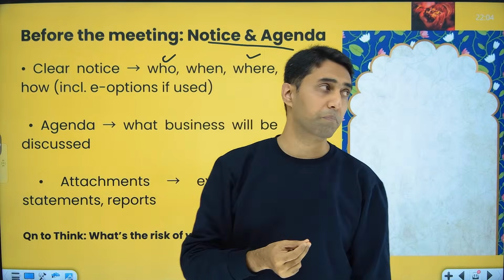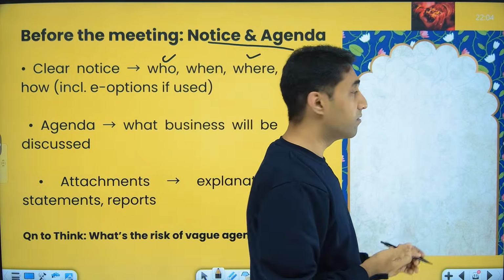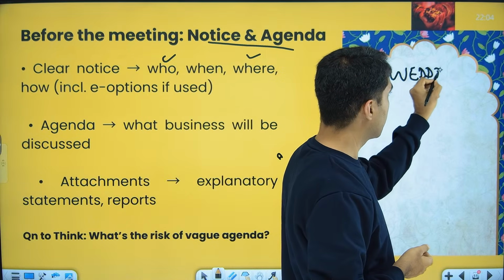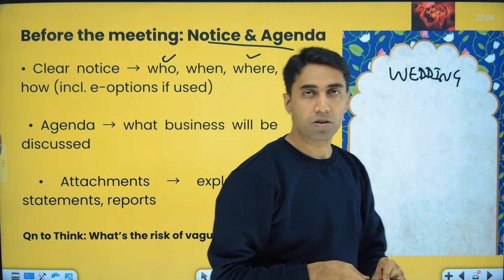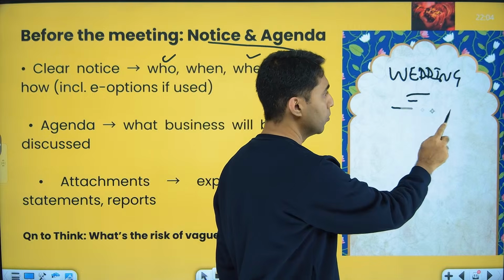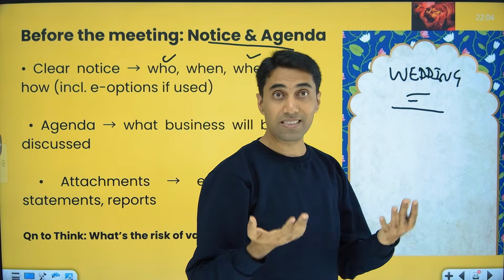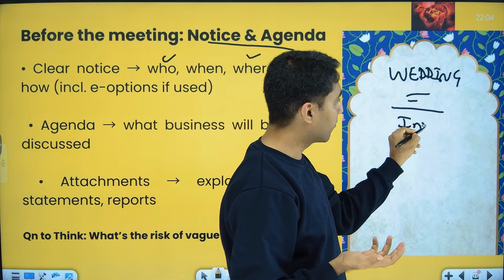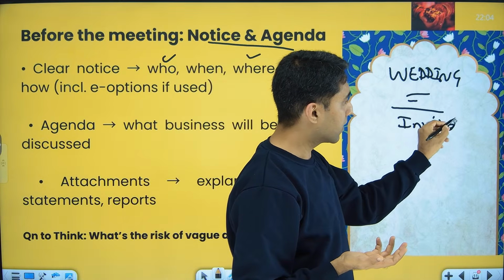So let's take an example. Suppose this is a wedding invitation. In the wedding invitation, you will obviously say who is getting married to whom, correct? Then you say please come. You say you are cordially invited to our wedding, correct?